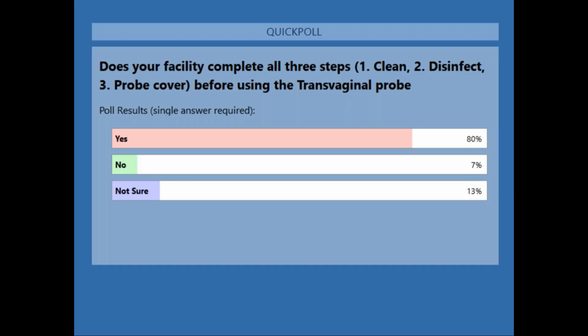And again, I can see that 80% of you are in fact following the guidelines and recommendations from international organizations that we just mentioned. 7% of you say no, and 13% are not sure. Again, we'll be discussing this in more detail in a few moments.